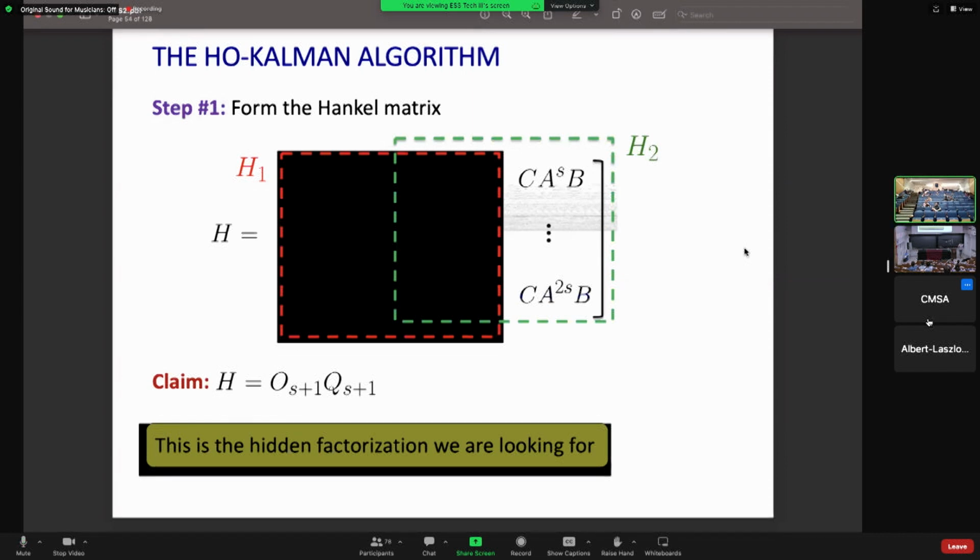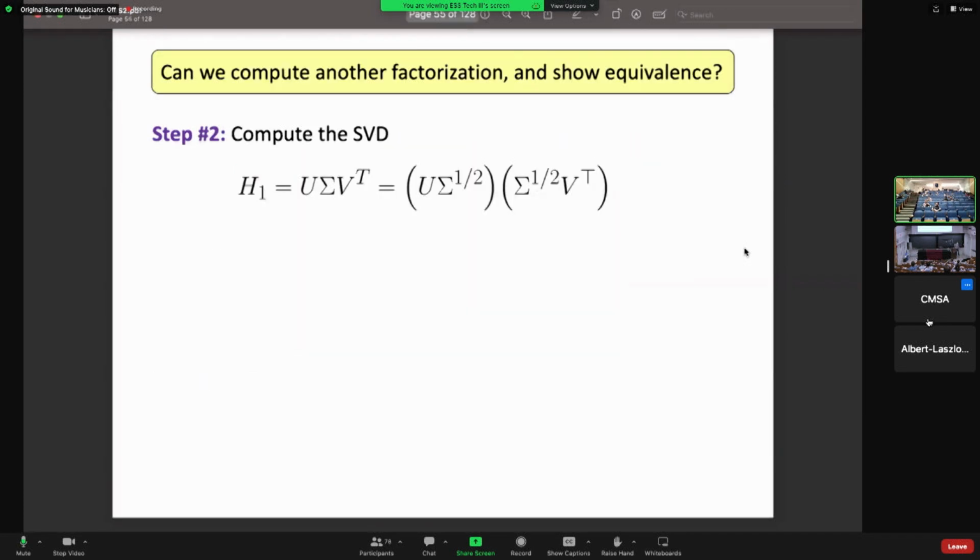So now the way that the Ho-Kalman algorithm works is it's really just a very simple procedure. I'm going to find any other decomposition of this matrix. And then I'm going to argue that that decomposition must be equivalent to the hidden one that I started from, which I wish I had. So I'm going to take this matrix H1, which remember is all but the last column of my Hankel matrix, and form another decomposition by taking its SVD.